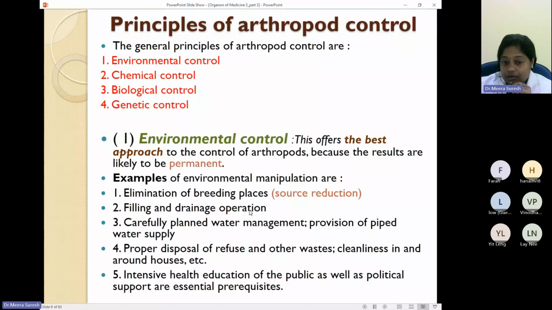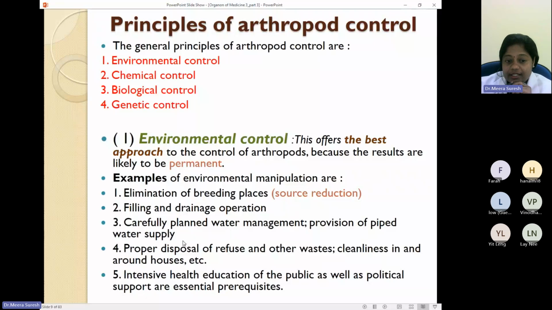We need to remove their breeding places, and flies or insects may also live in the crevices of walls, doors, etc. So better we close those crevices, and if there is some water accumulated, have good drainage operations.